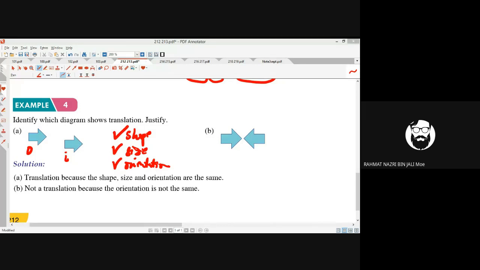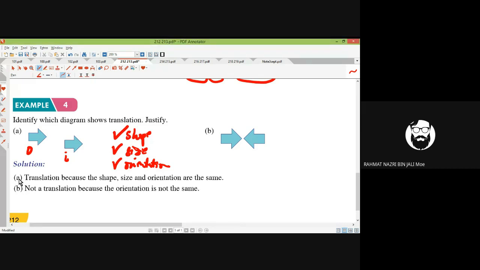Like the arrangement, alignment, the orientation of movement. This one. Orientation in translation. Same orientation, okay.